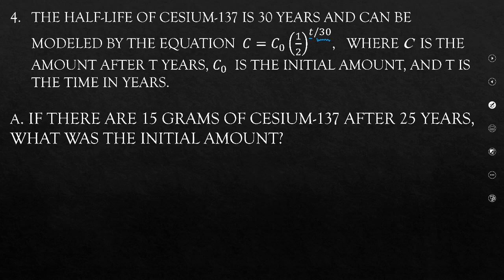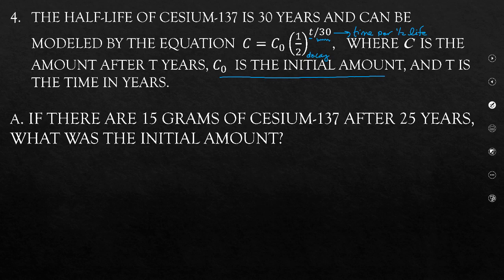So we have our equation C equals C sub 0, which is our initial amount, times 1/2, because it's decaying, it's a half-life, to the power of t divided by 30. And again, that 30 is the time per half-life, how long it takes for one half-life to occur.